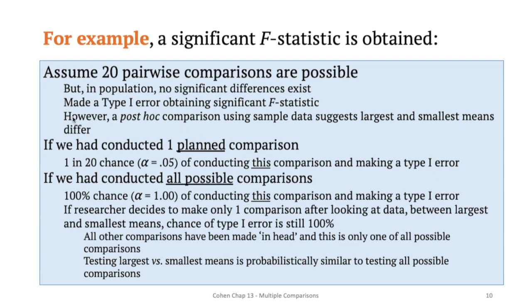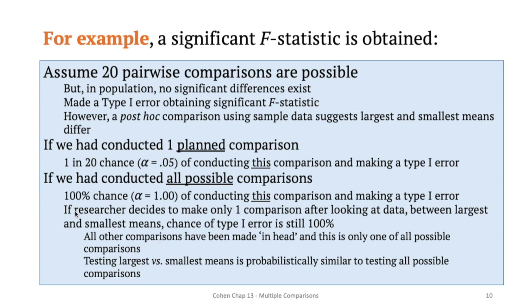In other words, without having made the decision based on seeing the data already, there's only a 1 in 20 chance that we would have found that comparison. But if we had conducted all possible comparisons just to explore it, then there's a 100% chance that we would have done that comparison and made a type 1 error.